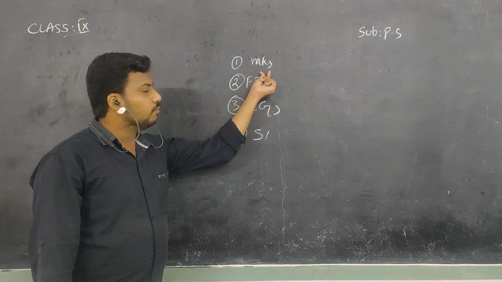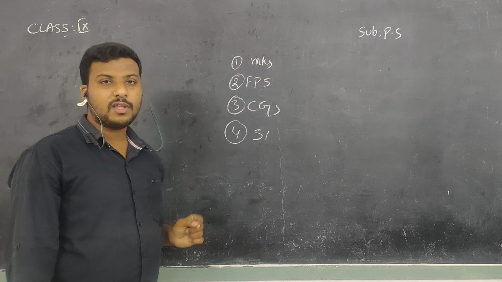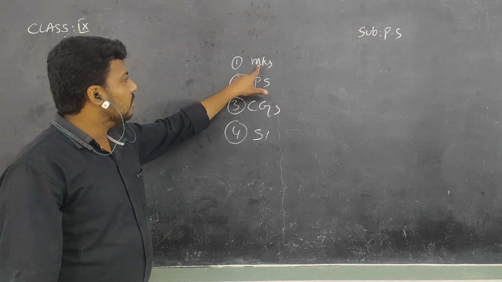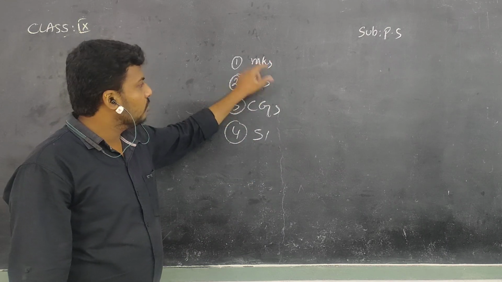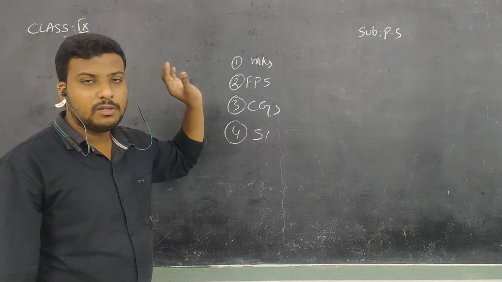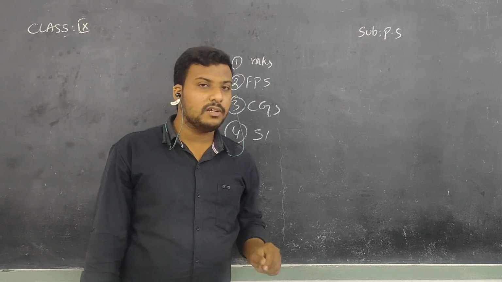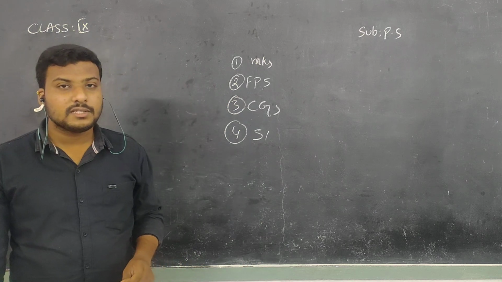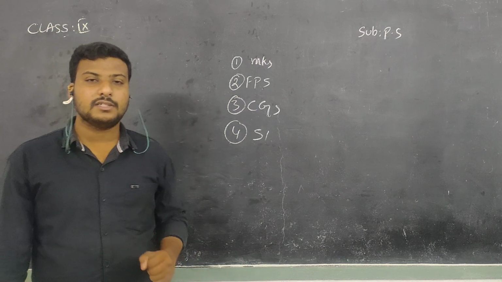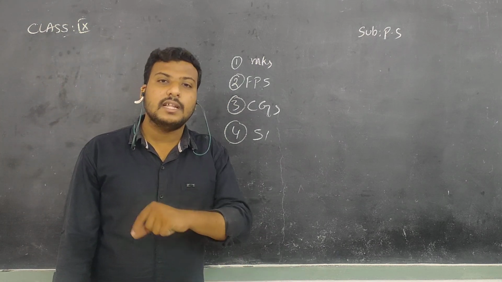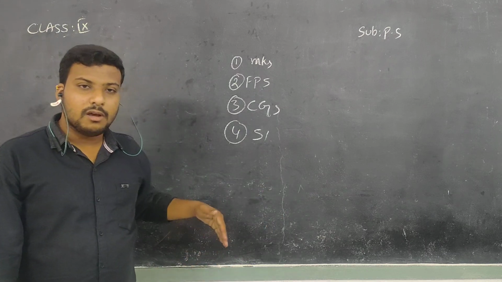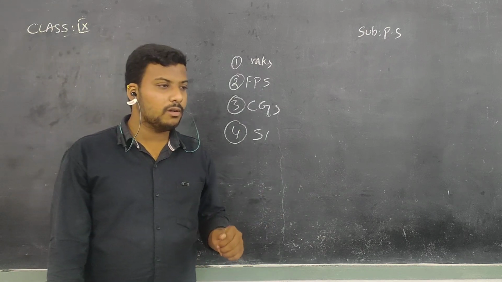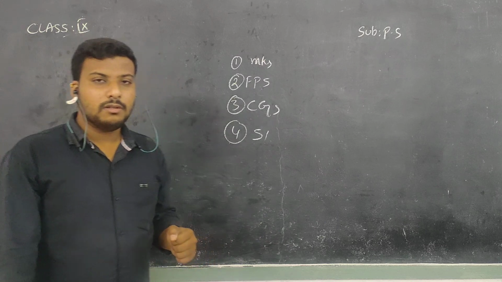Coming to the first one, MKS stands for meter, kilogram, seconds. Meters are used to measure lengths, like road length or shirt or pant length.